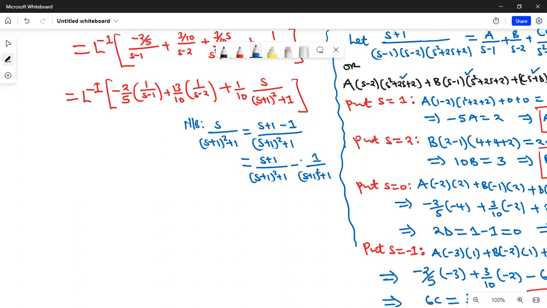So that we can split this third fraction into two parts. So we can say hence, our y as a function of t is L inverse.